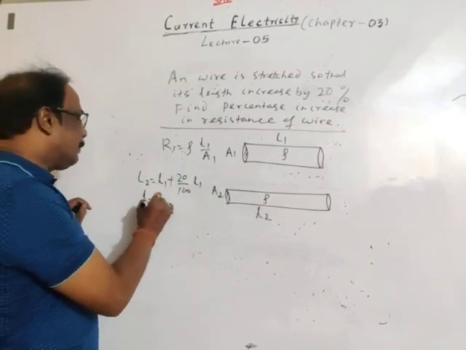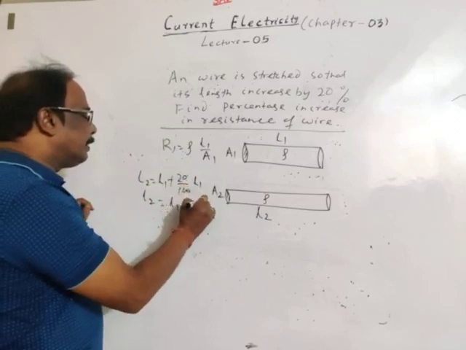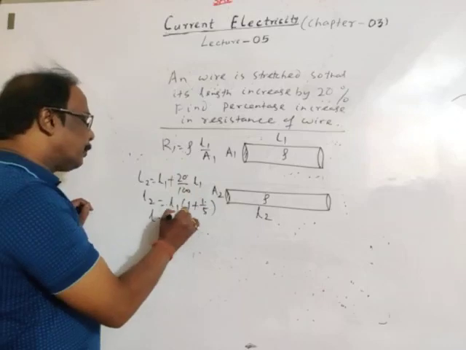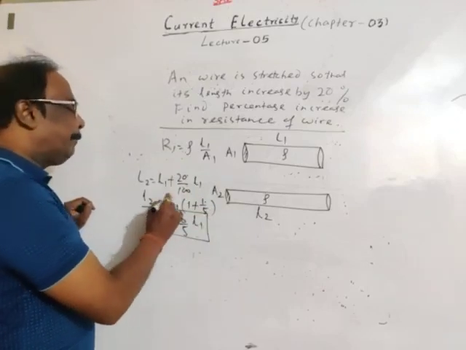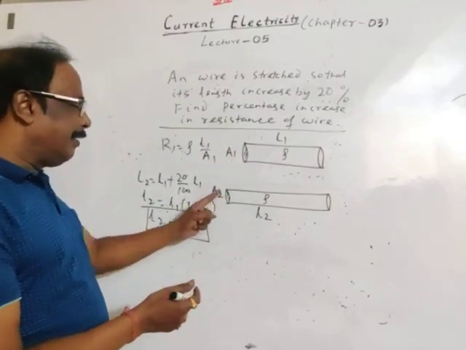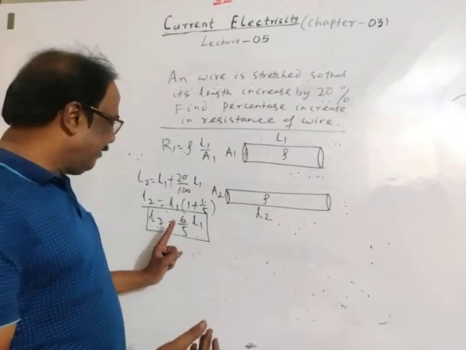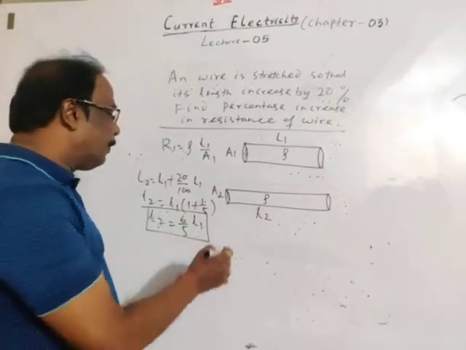So L2 is equal to L1 into 1 plus 20 by 100, which is 1 by 5. So L2 is equal to 6 by 5 L1. See, if length increases, then area of cross section decreases.